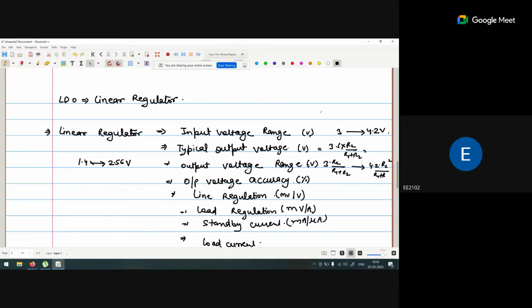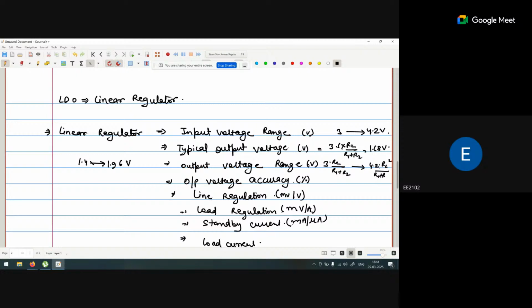If you calculate this, it becomes 1.68. So the output voltage range is from 1.4 to 1.96.